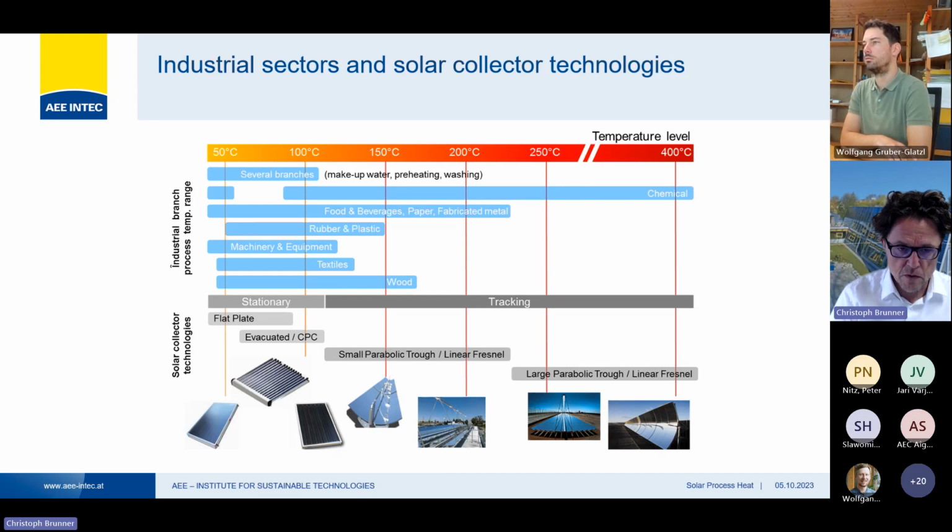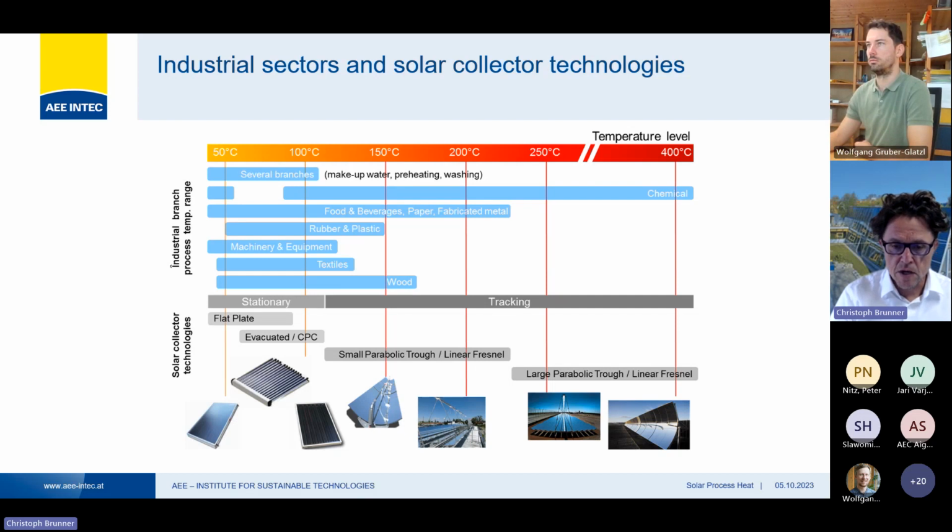So it's coming from flat plate technologies, which are best suitable for low temperature purposes. Then we have evacuated tube or CPC collectors, which are in this range from lower temperature up to 120, 130, 140 degrees.